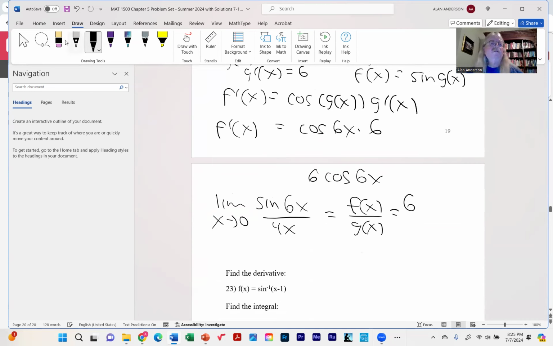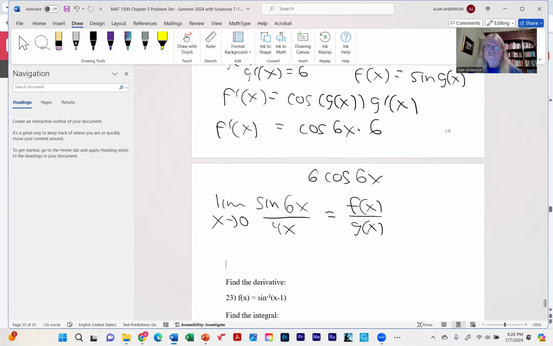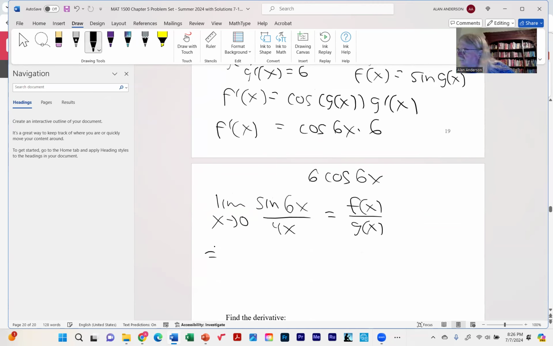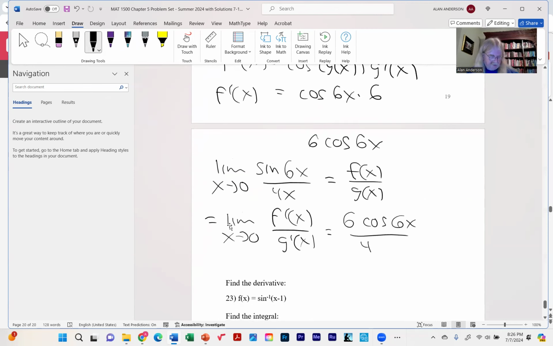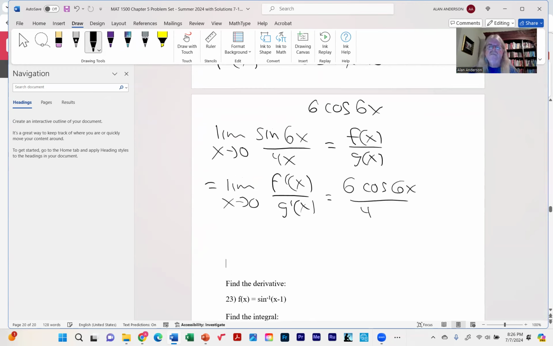So then, of course, we're going to rewrite that as f prime of x over g prime of x, thanks to our friend L'Hopital. And then we'll have 6 cosine 6x over 4. And then when you plug this into your calculator, the cosine of 0 is actually 1. Which means 6 times 1 over 4, of course.